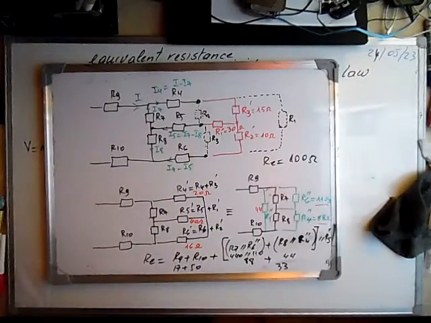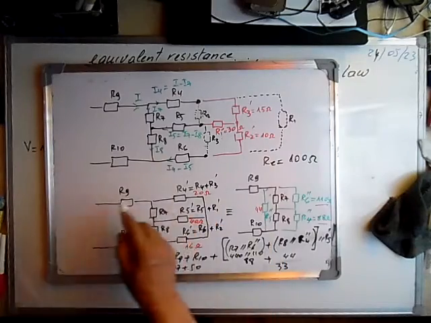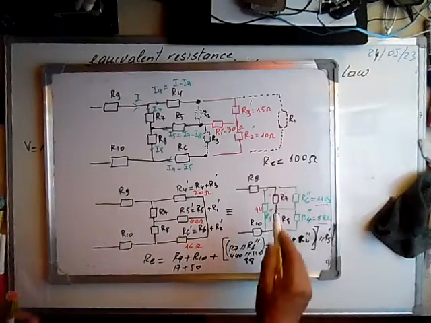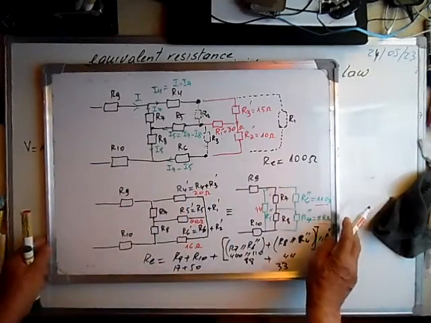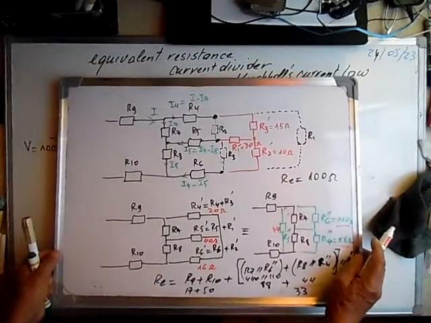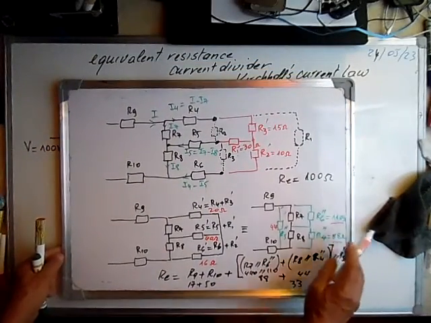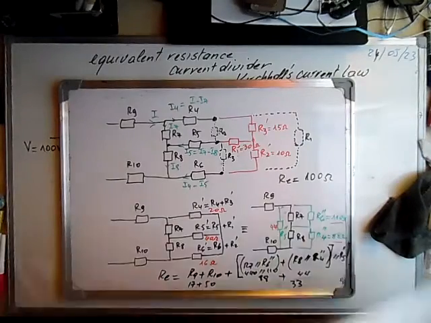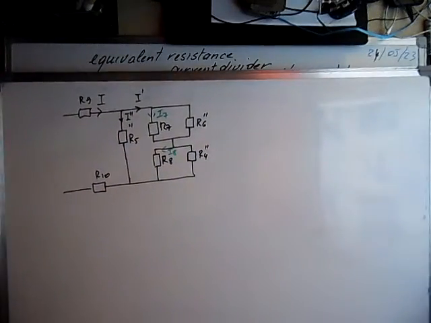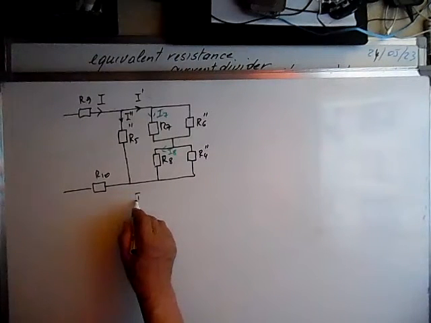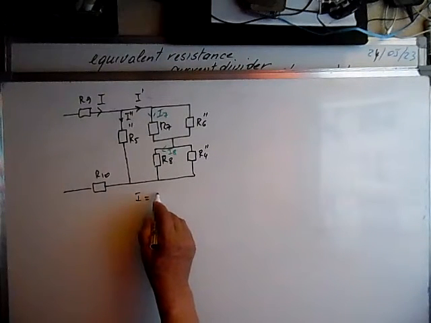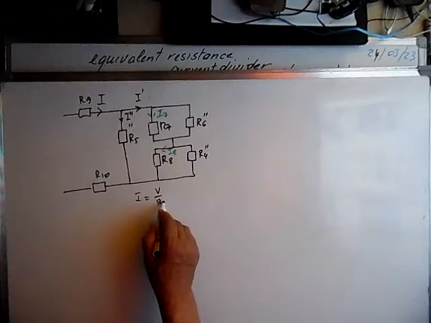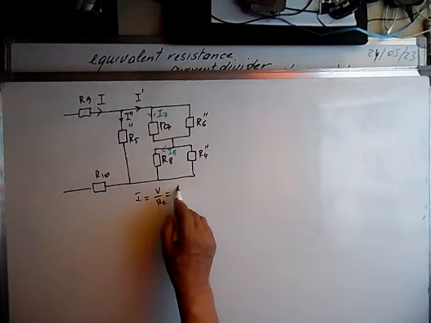And from here we can calculate the main current, which is equal to voltage over equivalent resistance. Main voltage is equal to 100 volts. So the main current I is equal to V over RE, and this is equal to 100 over 100.